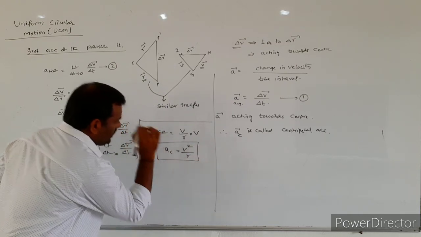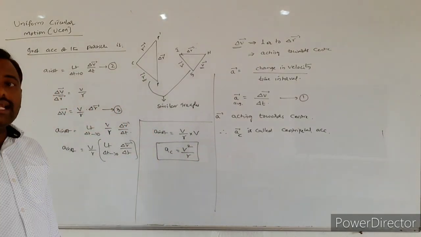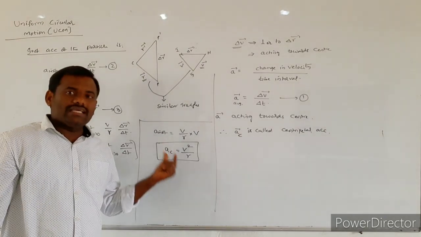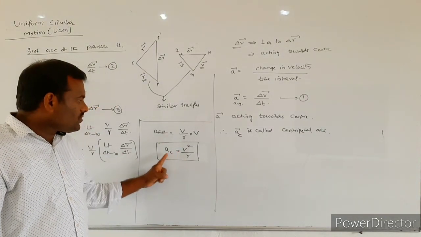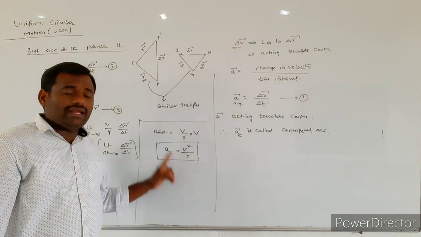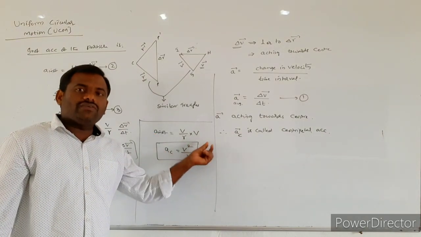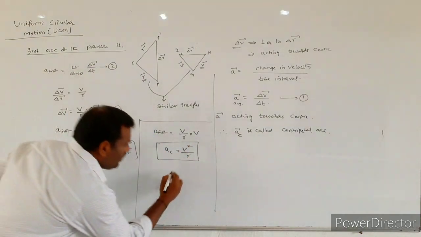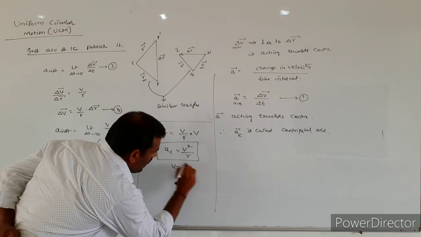That acceleration is also called centripetal acceleration. So AC is equal to V square by R is the general formula for centripetal acceleration. Already we know that V is equal to R omega.